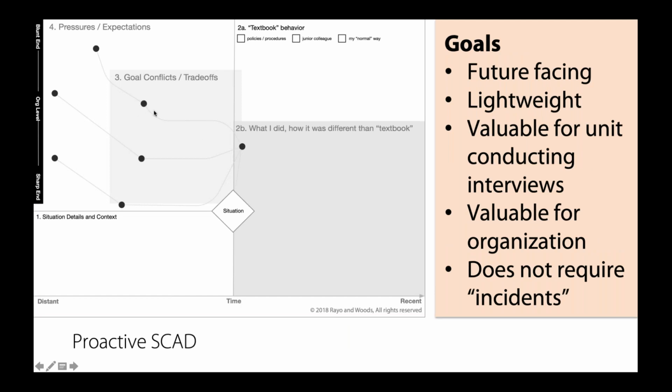The reason there are dots and lines here is we think, from where we've delivered this, that having some blanks to fill in is helpful.